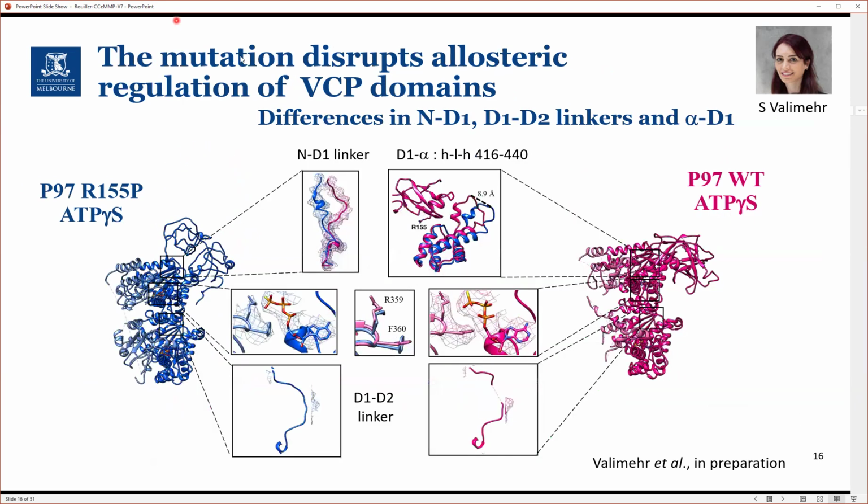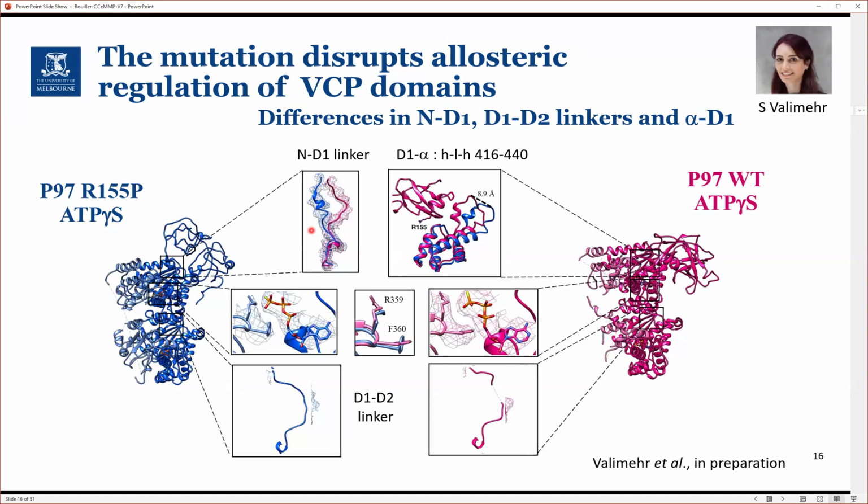She also saw other differences between the two structures, mostly in the position of the linker between the N and D1 domain and the linker between the D1 and D2 domain. This suggested that the mutation disrupts regulation of VCP domains.